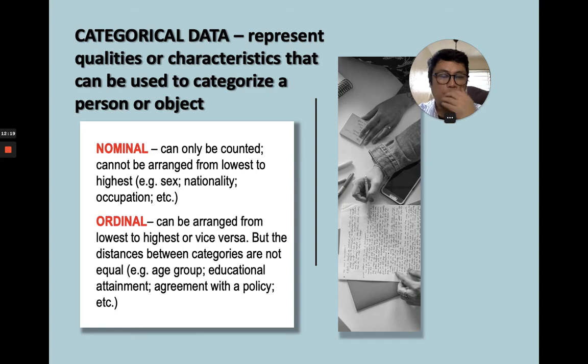For example, we can arrange our respondents by age group: 18 to 25, 26 to 30, 31 to 35, 36 to 40, etc. In contrast to nominal data, we can see that the categories represent a range, which can be organized from lowest to highest.